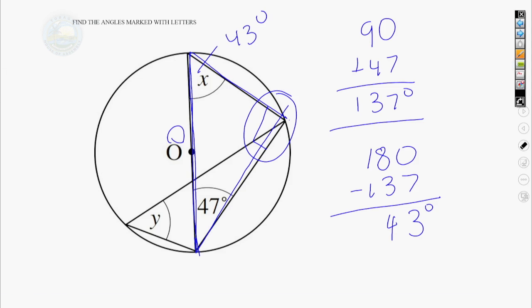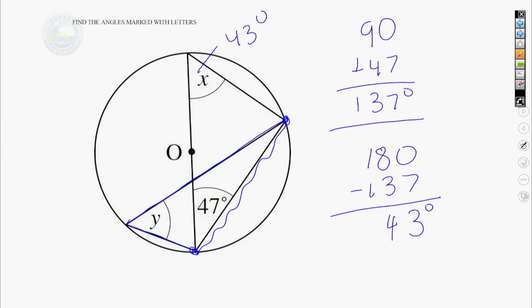Now, let's look again. Now we need to find y. And how can we find y? Well, let's see what chord is subtending y. So let's trace back from the angle. And we realize that this chord is subtending y.